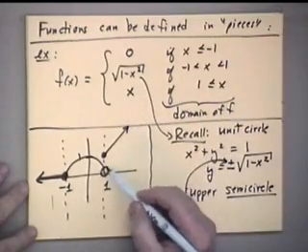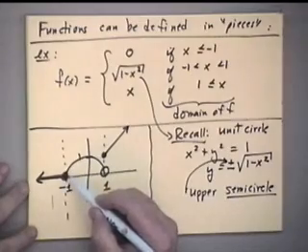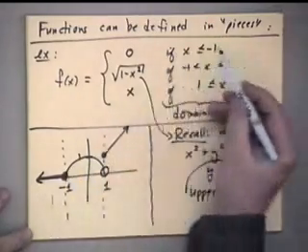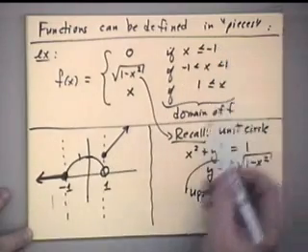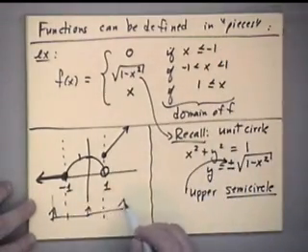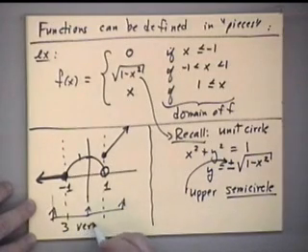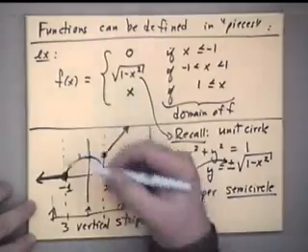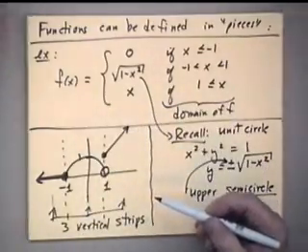There's a hole there, so there's no point there. And there's also a hole here, but you can't see it because it's filled by the 0 from the previous part of the function. Now this function is fully defined, and what we have here are, as I said, 3 vertical strips. And that's the way to think about drawing piecewise defined functions.